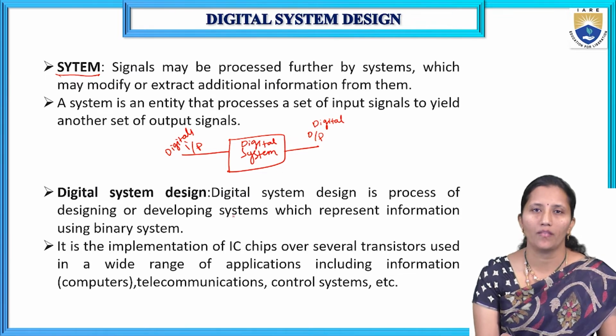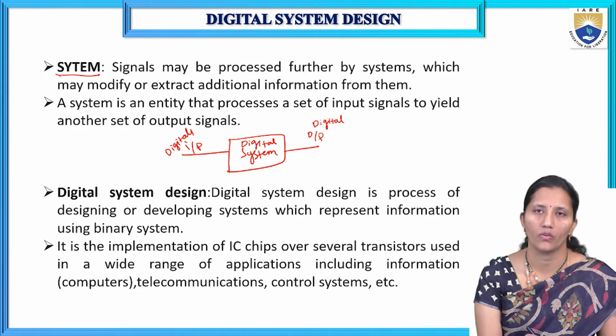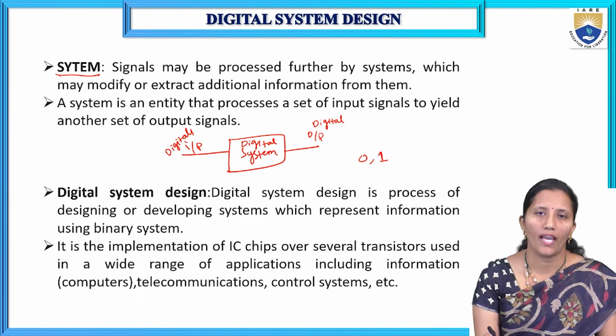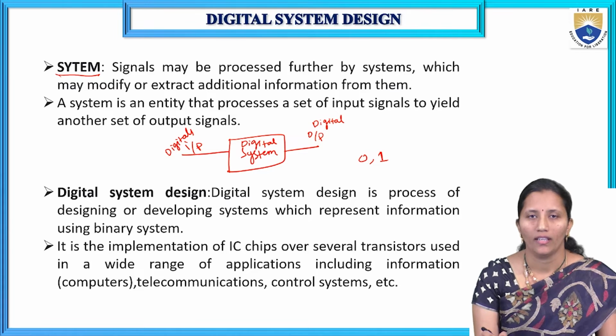Digital system design is the process of designing or developing systems which represent information using the binary system, either 0 or 1. For example, computers. If we type a word or a letter, or give any graphic or audio signal, the computer won't understand it directly.